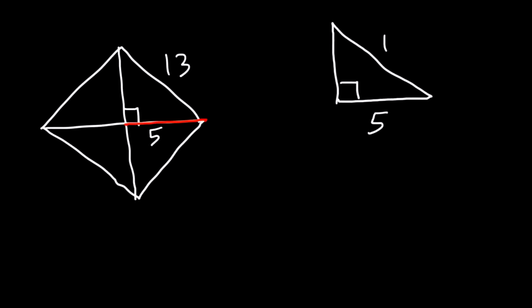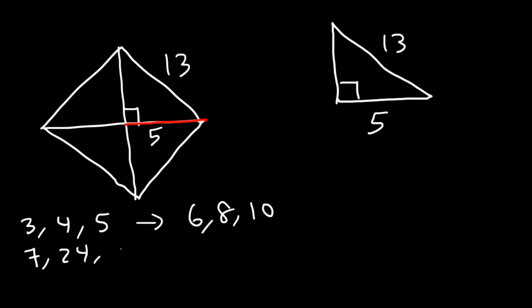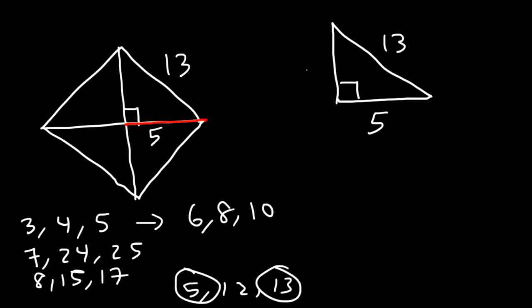This is 5, this is 13. It helps to know the special right triangles. For example, there's a 3, 4, 5 triangle. Also, if you multiply these numbers by 2, you can get the 6, 8, 10 triangle, which we covered. There is the 7, 24, 25 triangle, the 8, 15, 17 right triangle, and also the 5, 12, 13 triangle. So we have two of these numbers, 5 and 13. Therefore, the missing side must be 12.